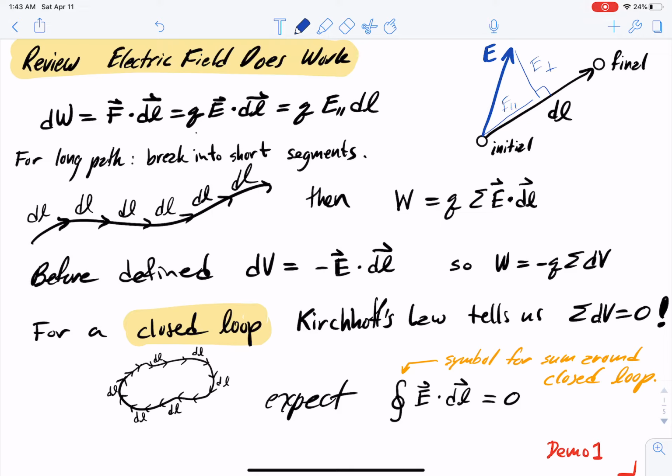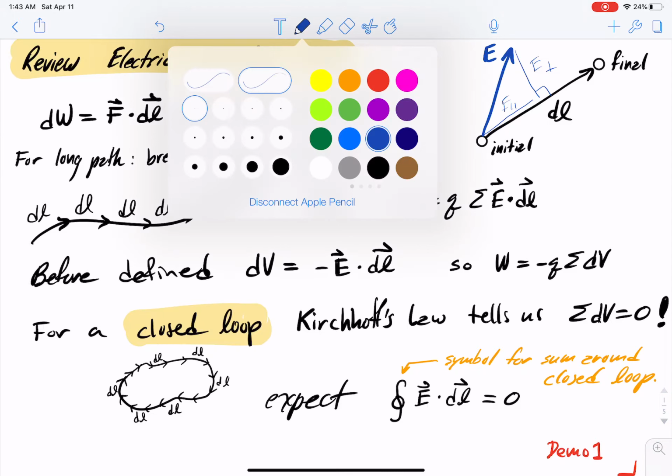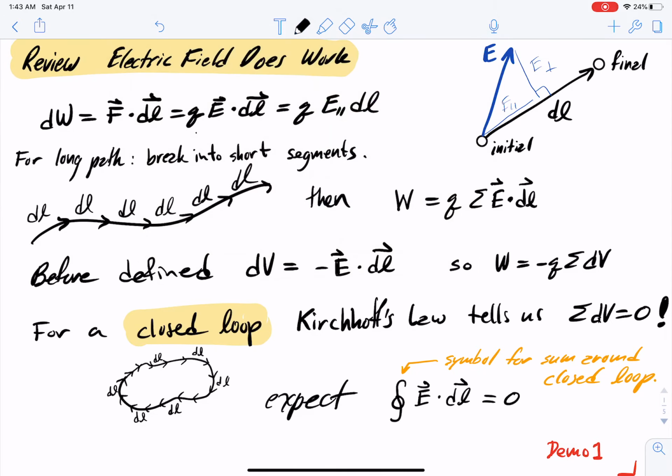And when we calculate the work, we just use the part that's parallel to the displacement. Okay, so that's how we calculate the work done by an electric field.